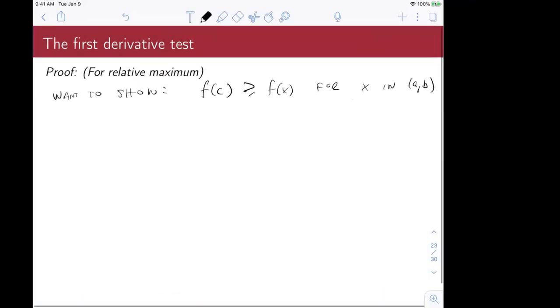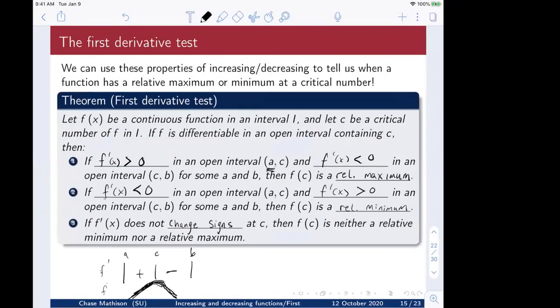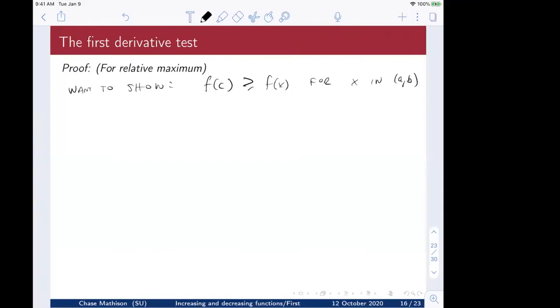Where here a is this a, where f prime is bigger than 0 between a and c, and b is this b, where f prime of x is smaller than 0 for x between c and b, okay?